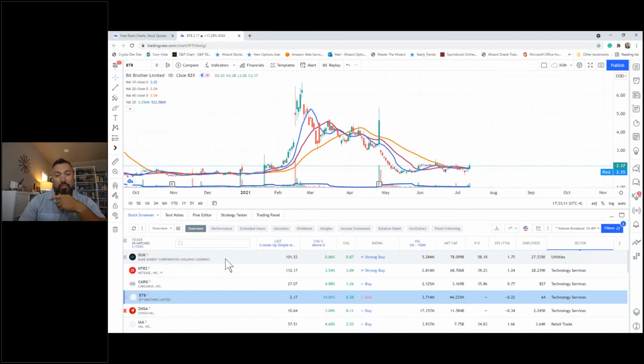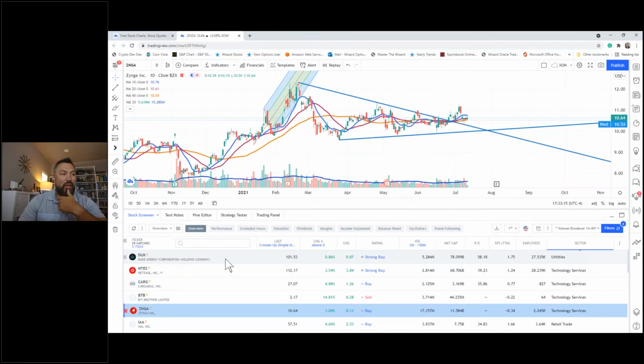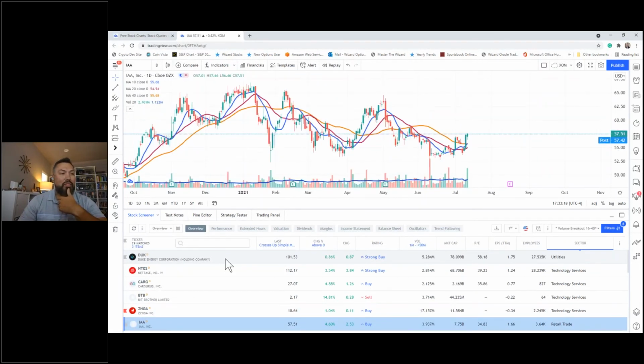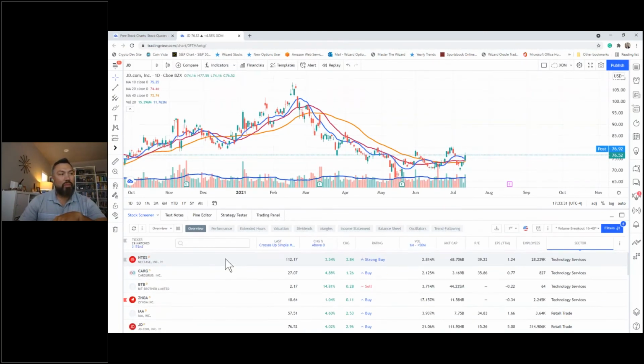All sorts of prices, $2 stocks, $100 stocks. Every day is different. Zynga, a $10 stock. IAA, a $57 stock, right? But look at the break. Remember, I want to be at the point of reversal. There's JD, an advertising company. See the cross above?